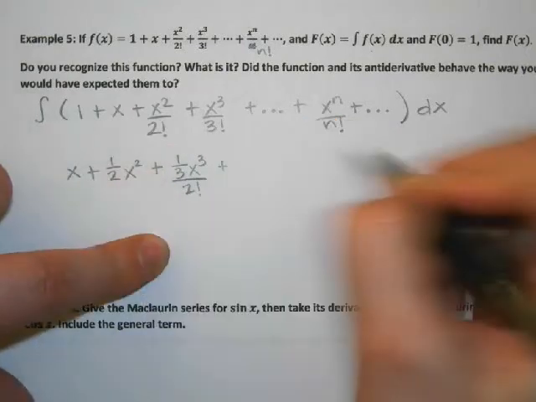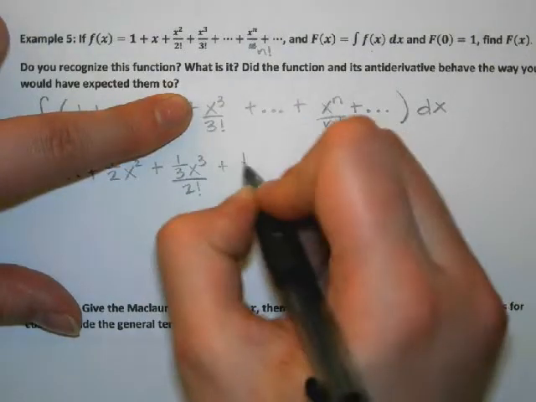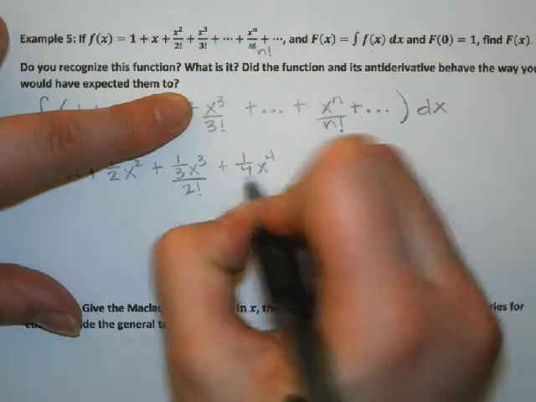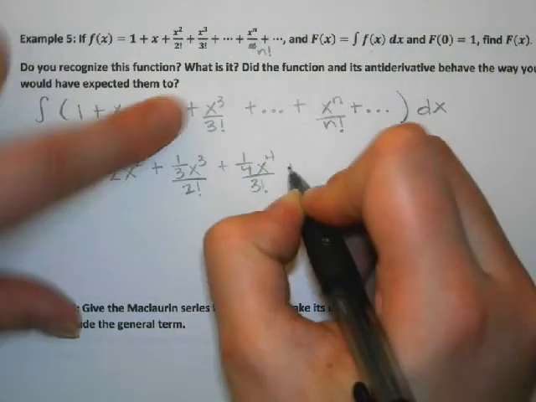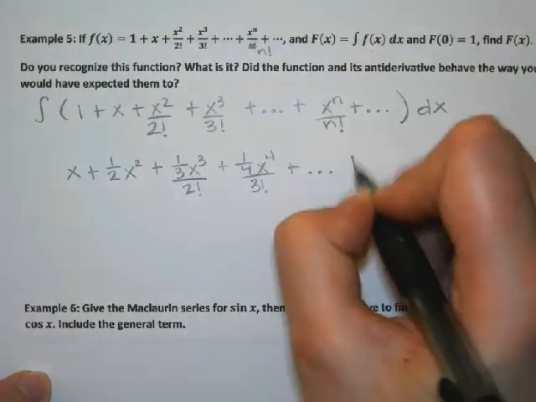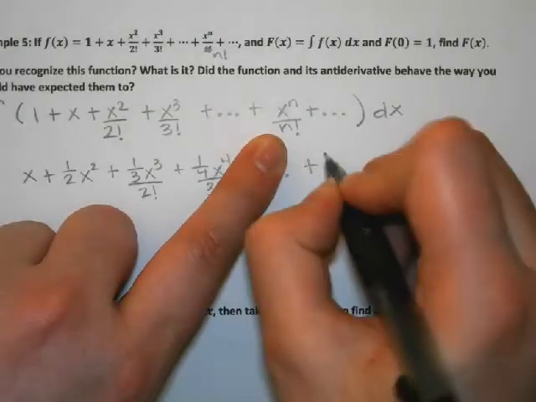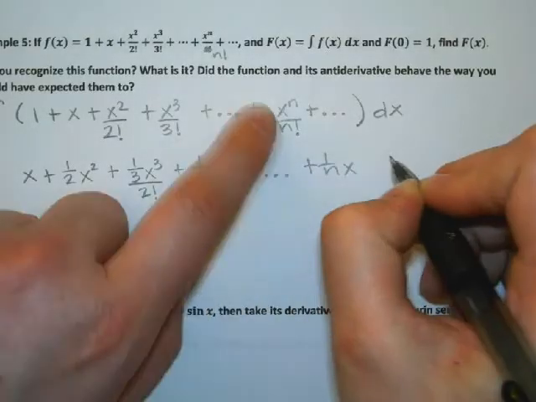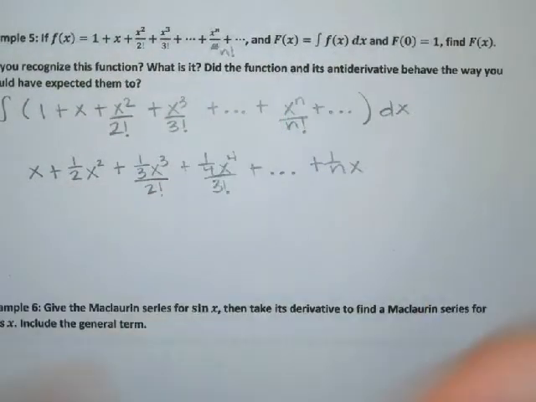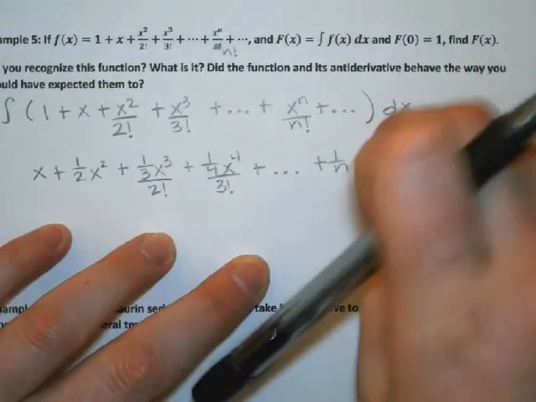And what's the next one? Over 3 factorial. And then what would this one be? 1 over n, oh wait, 1 over n plus 1, yes.